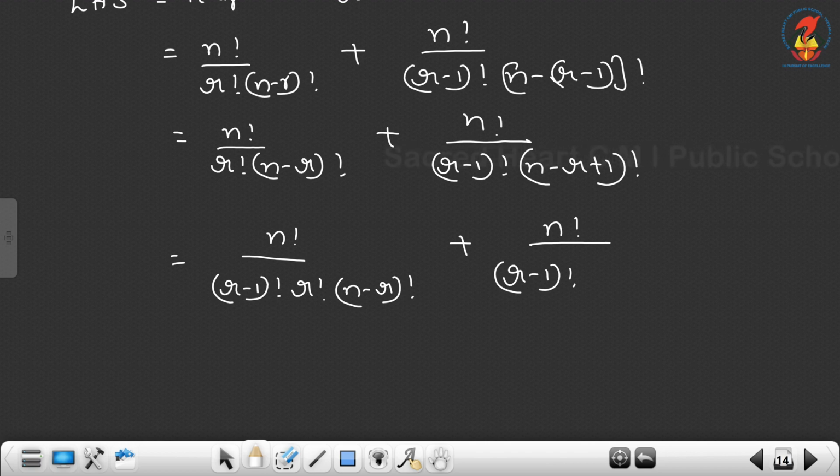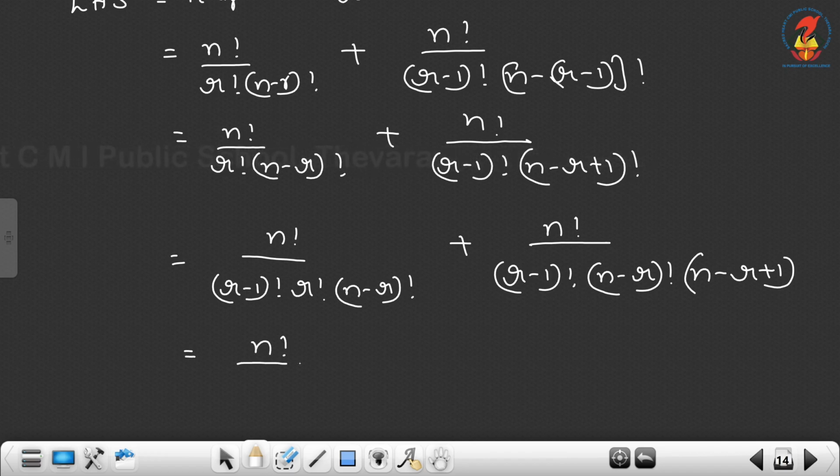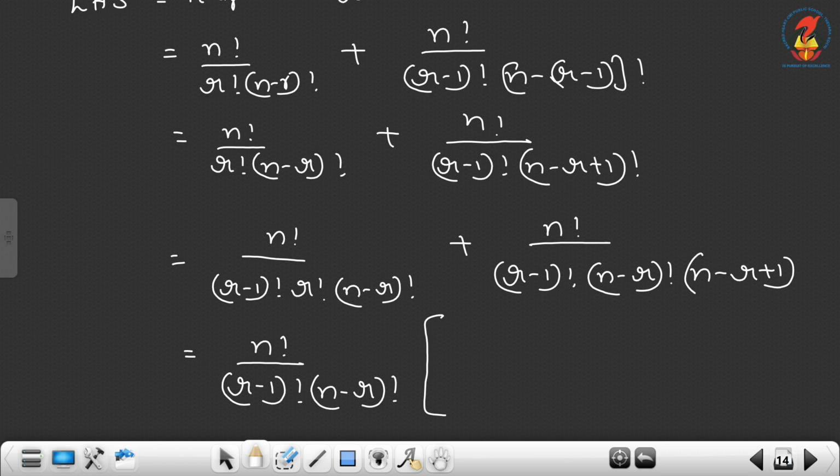So (n minus r plus 1) factorial is (n minus r) factorial into the next term. Now take common outside n factorial, (r minus 1) factorial, (n minus r) factorial. Then in the bracket, here just r only, not r factorial. So 1 by r plus 1 by (n minus r plus 1).